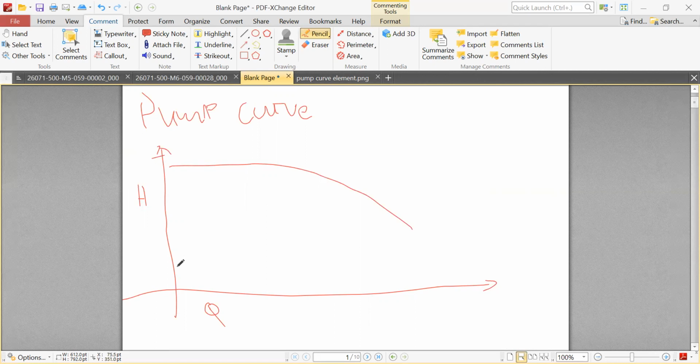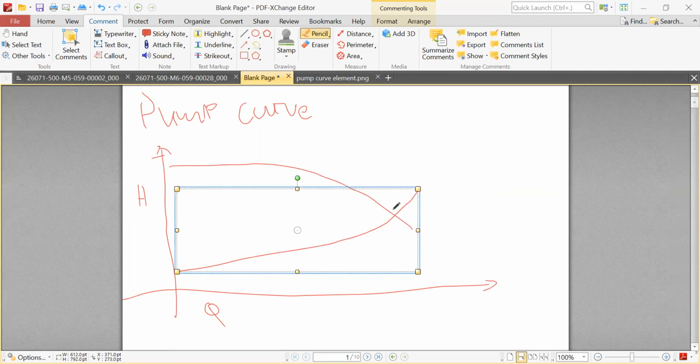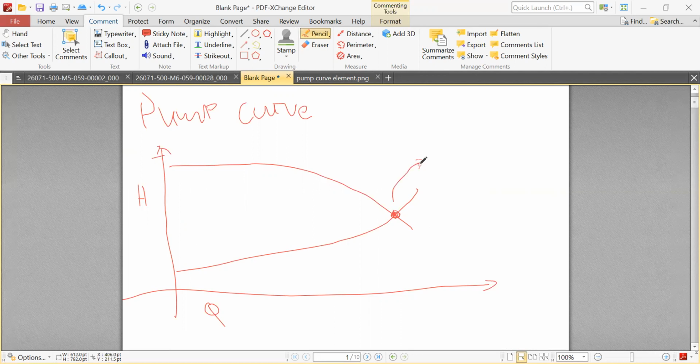and then the system curve like this one, and this point we can call the operating point.